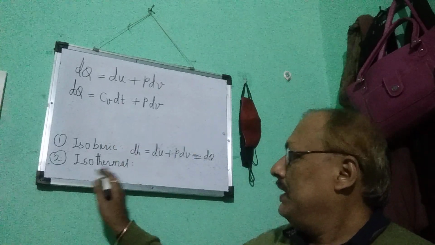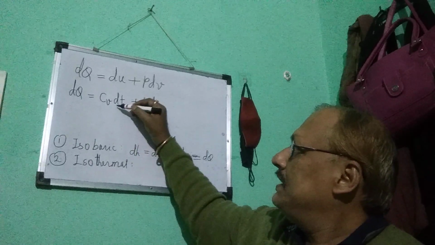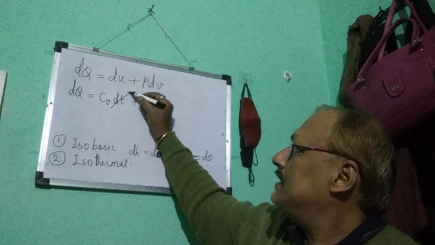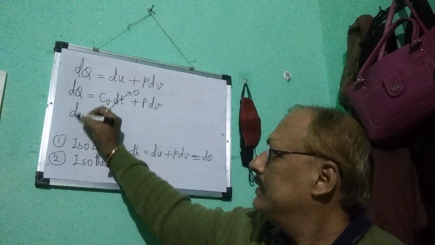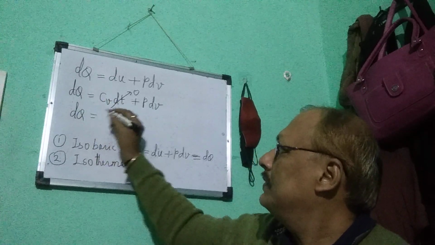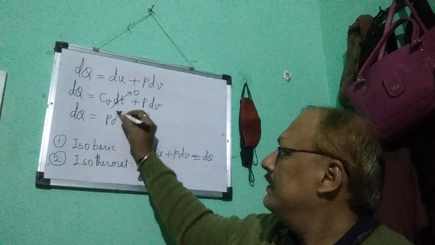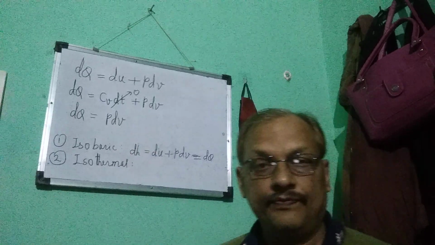So in the isothermal process, dT will be 0, so this term will be 0. So what we will get? dq = pdv.